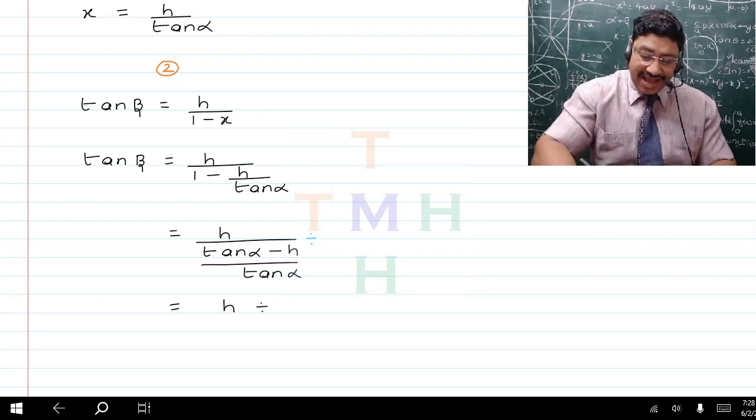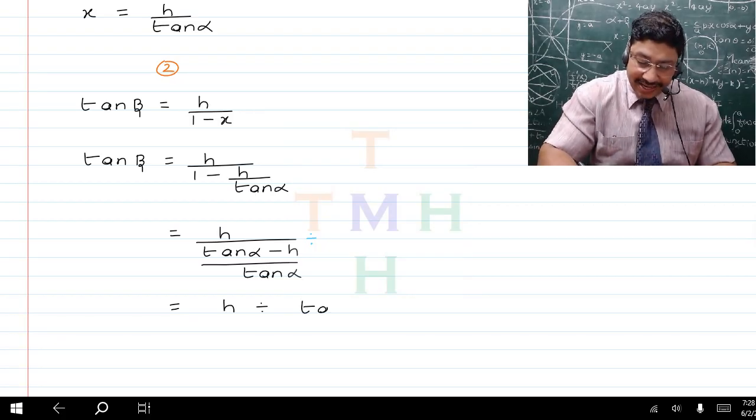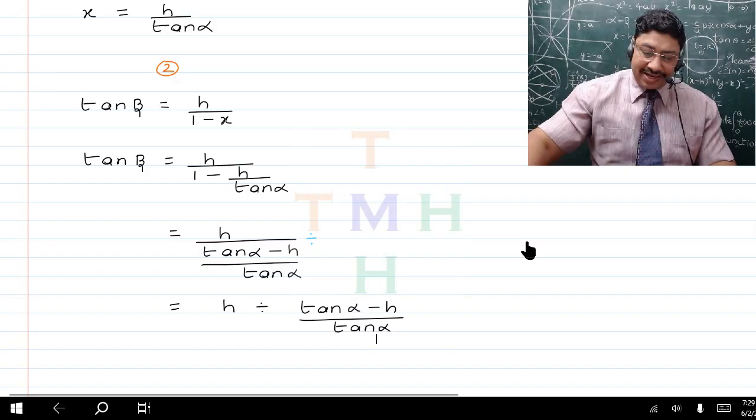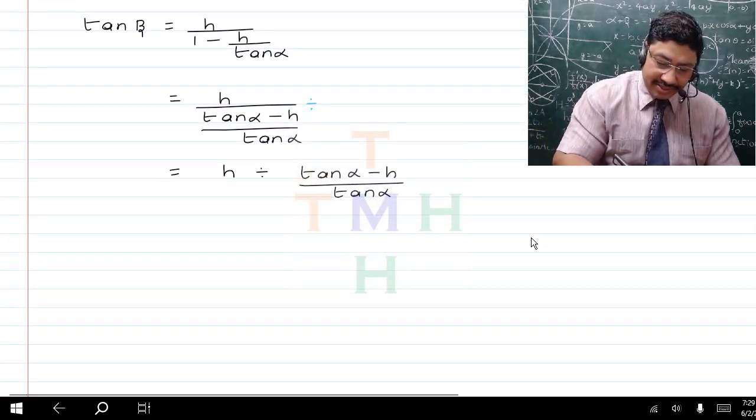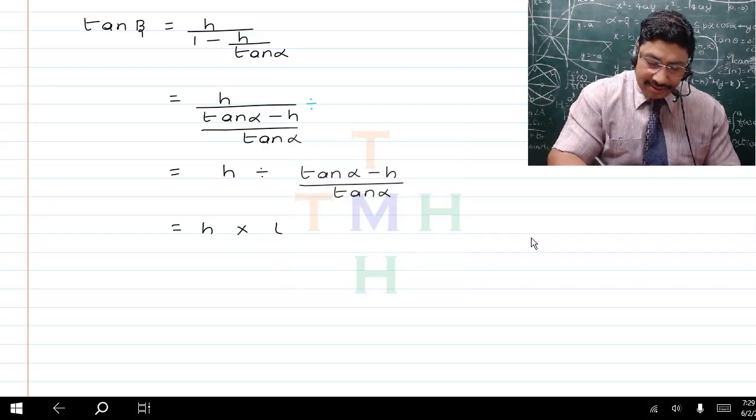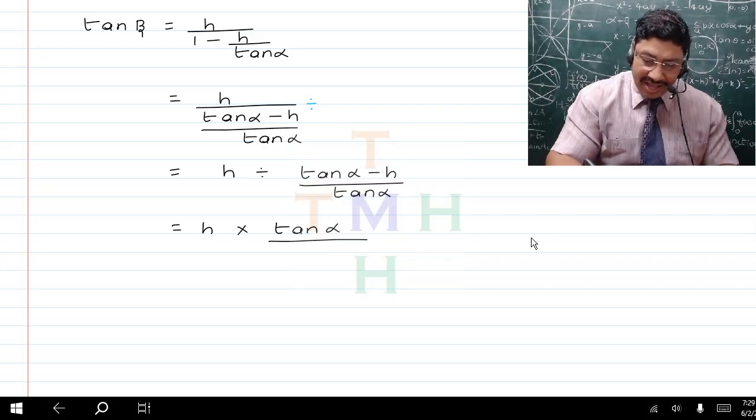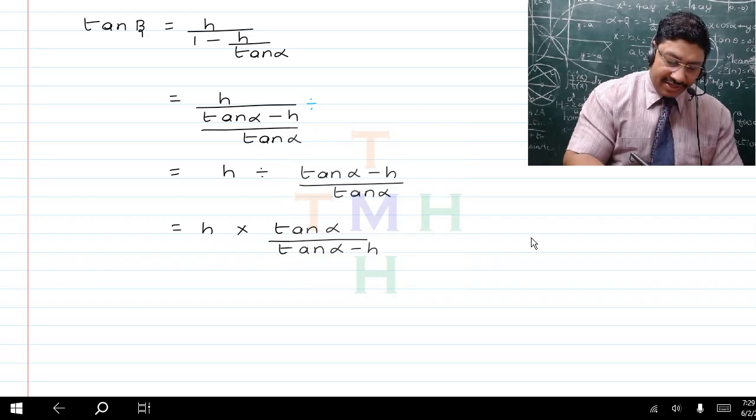So this is actually h divided by tan alpha, minus h, and further divided by tan alpha. So for the children, in the next step, this is going to become equal to h multiplied by tan alpha, and in the denominator we have tan alpha from which h is subtracted, and on the left hand side, children, we have tan beta.